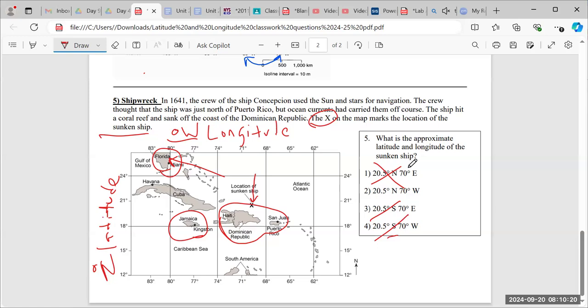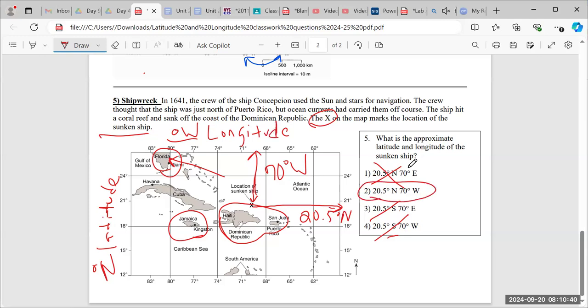So the correct answer, just by measuring where the sunken ship is, definitely looks to be 70 degrees west, and a little less than 21, about 20.5 degrees north. Choice 2.